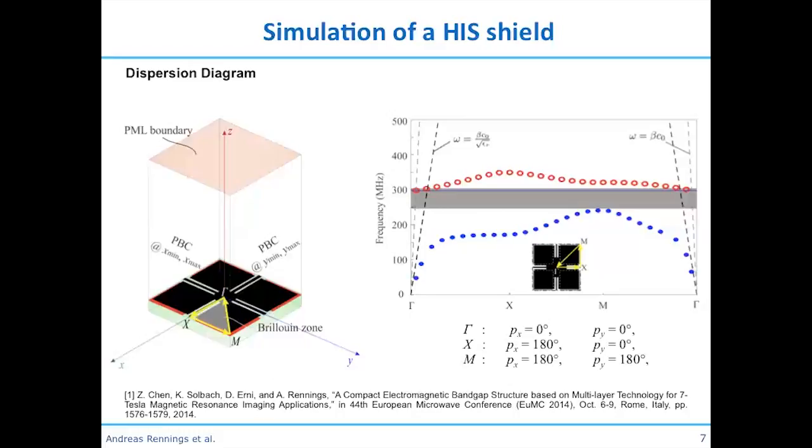That is the so-called forbidden frequency band. And that's why we call this structure also an electromagnetic band gap structure. This here would be the band gap. In that frequency range, you don't see any surface wave traveling along that surface. It's actually blocked.